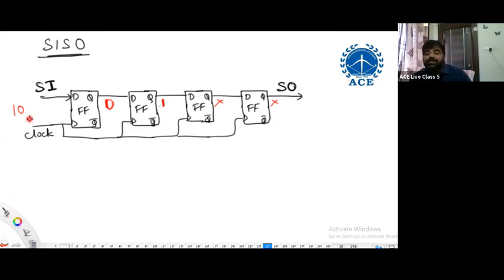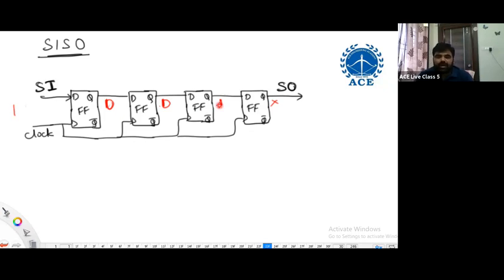This is the status of the register after the third clock cycle.